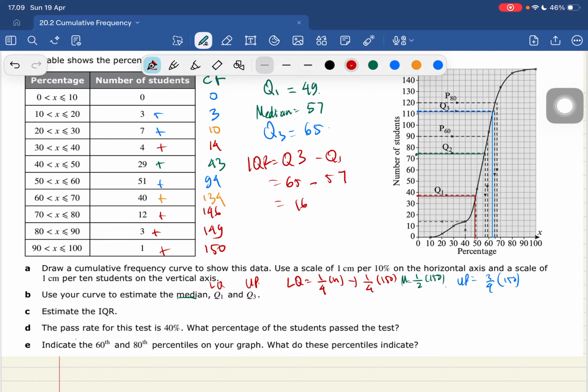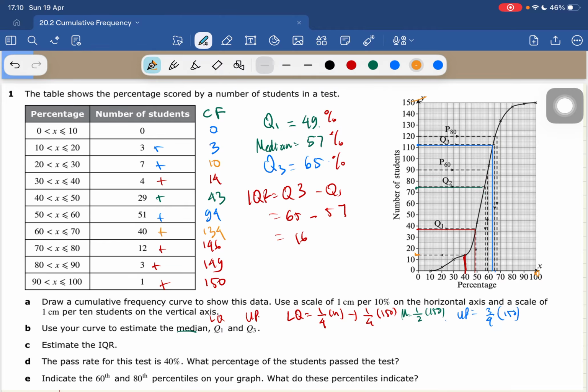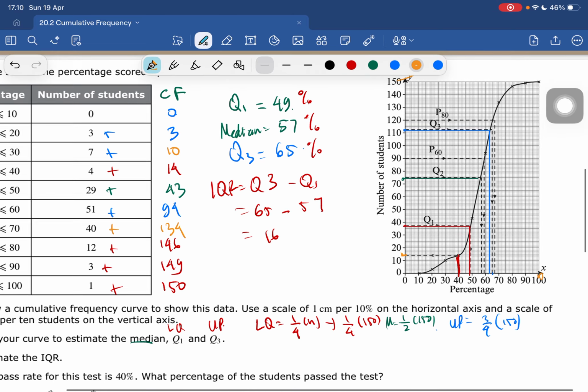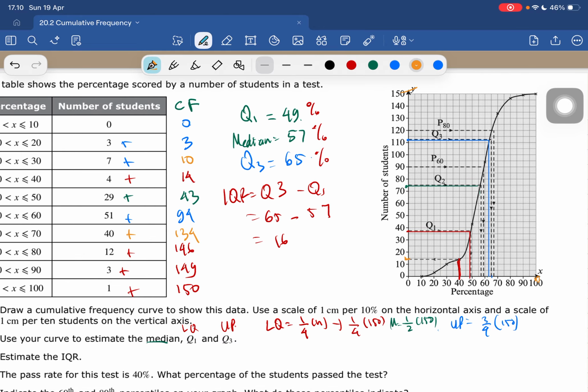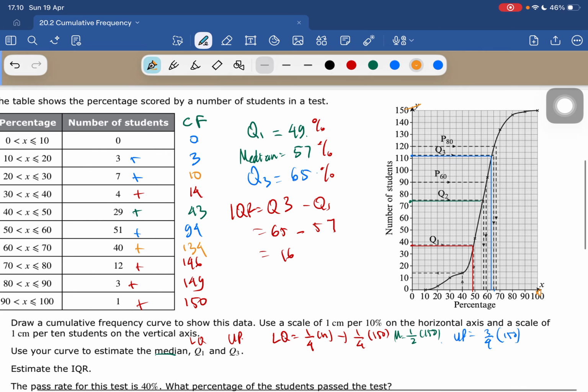Okay, the pass rate for this test is 40%, meaning 40% of the students pass the test. Use the percentage here. So 40, we'll count from here until down to 100, until here. So here is 150. We take 150 minus the 40.